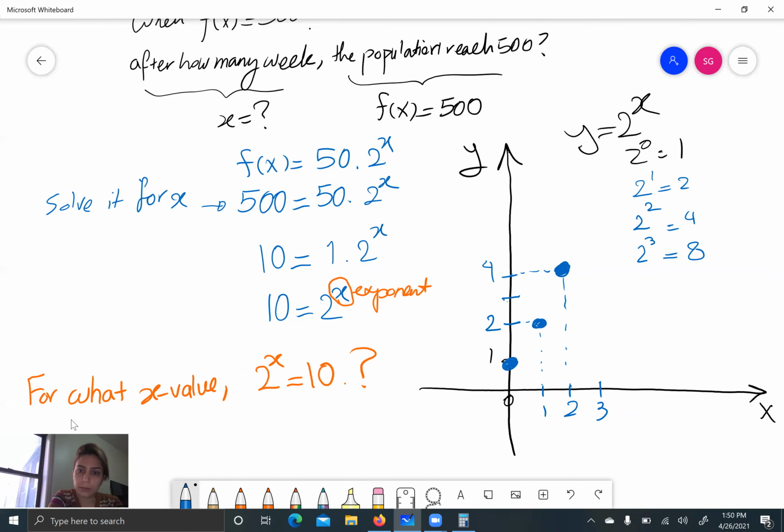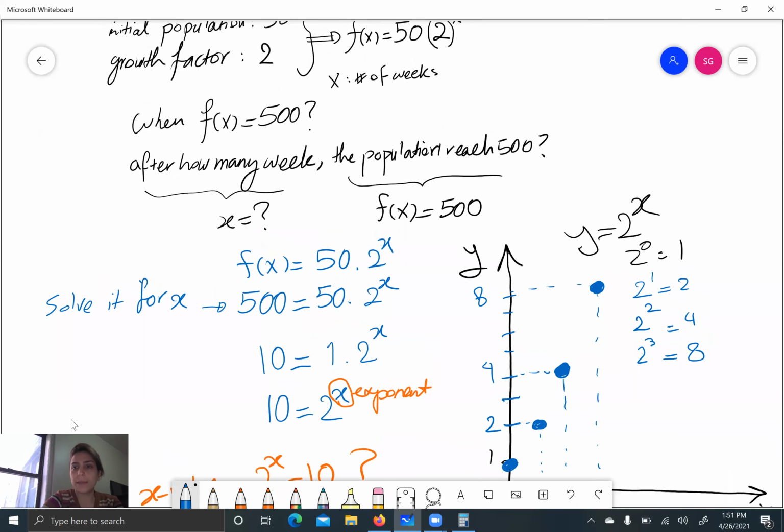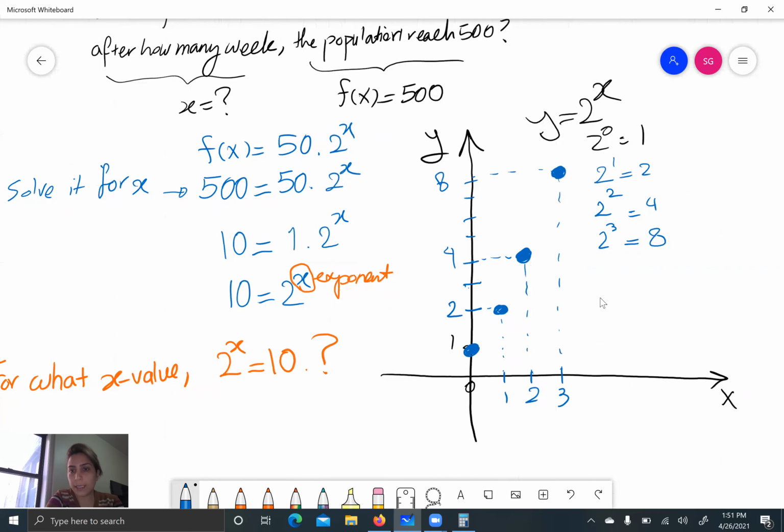So that's going to be somewhere here. Let's try one more. When the input value is 4, 2 to the power of 4 is 16. So it's going to be up here, 16.